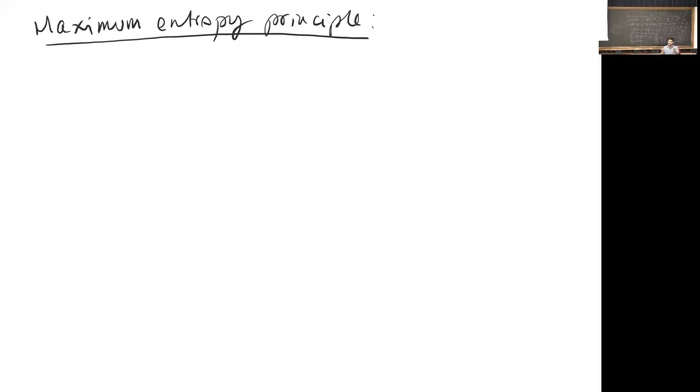It is maximally uninformative about the system under these constraints. Is it clear? It means that this distribution encodes no more information than this constraint. No less, no more. It's the maximally uninformative probability distribution, in the sense that it has maximum entropy, but under some constraints that you know are true and that you fix. Okay?